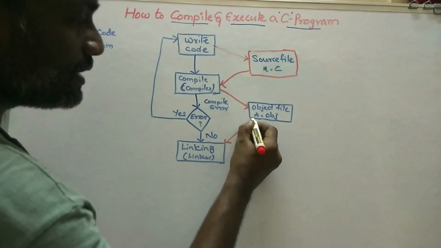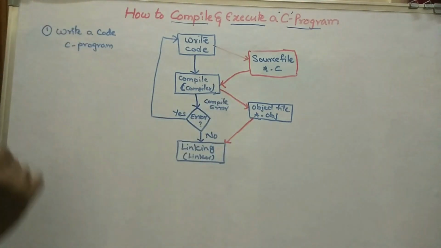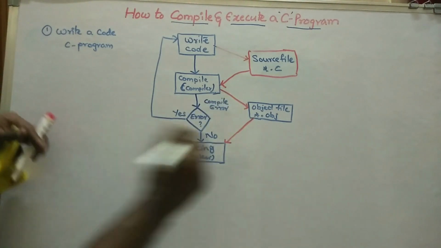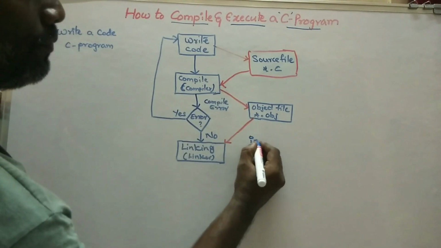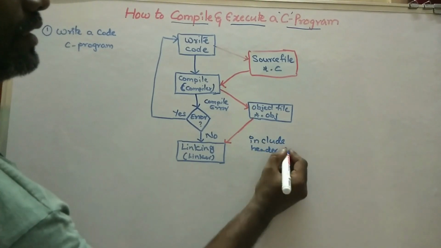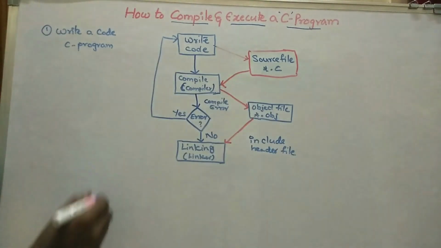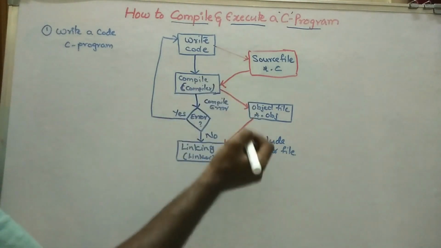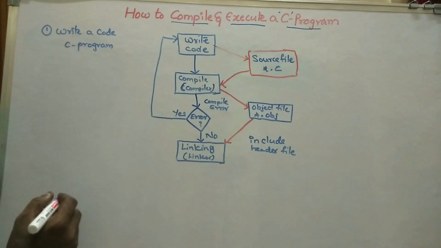That object file is connected to the linker. The purpose of the linker is to include the header files. All the header files will be attached here for the execution of the particular program.